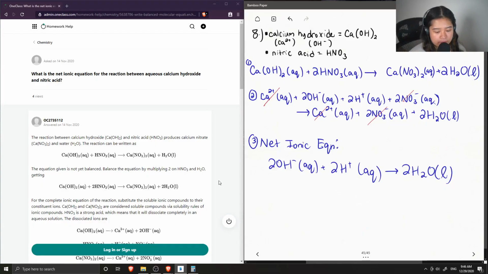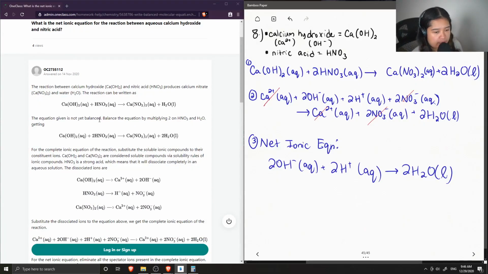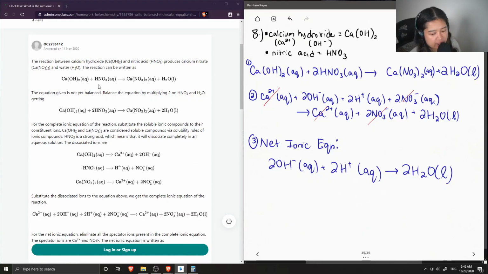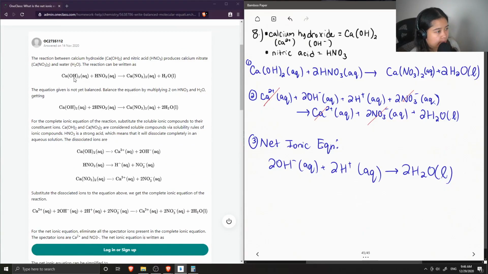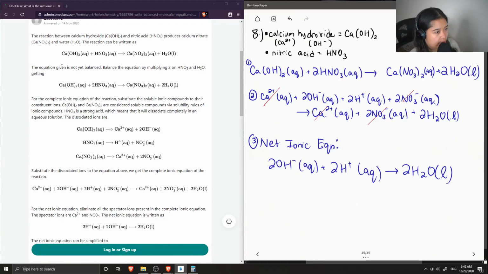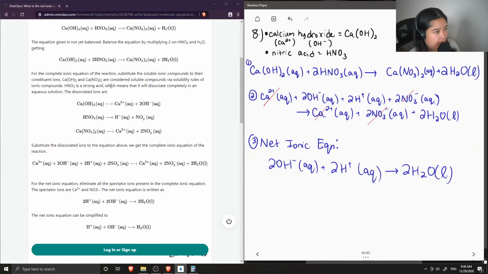Okay, so let's see what the junior tutor said. The reaction between calcium hydroxide and nitric acid produces calcium nitrate and water. Okay, so they show the reaction. They balanced it, putting coefficients of 2.